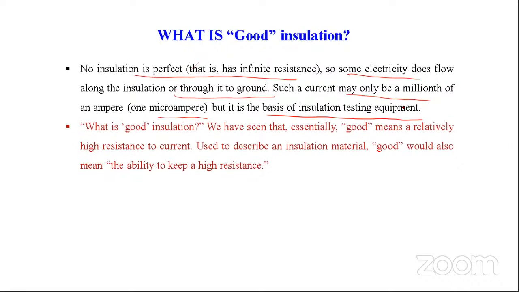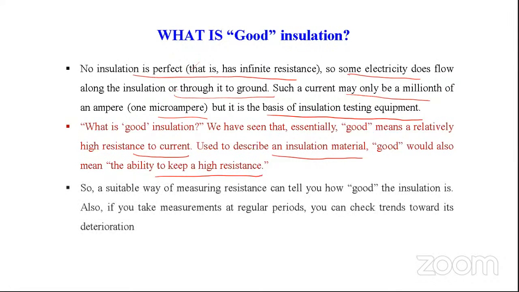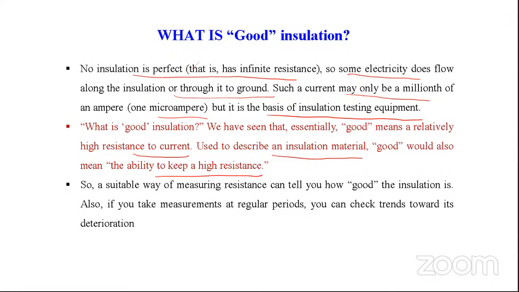Okay, and what is good insulation? Obviously good means a relatively high resistance. When an insulating material offers very high resistance to the current, we can say this is a good insulating material. A suitable way of measuring resistance can tell you how good the insulation is.